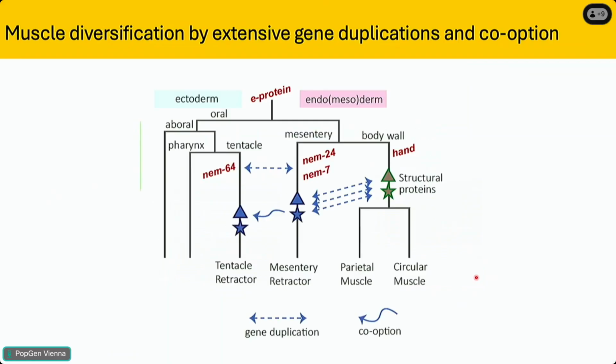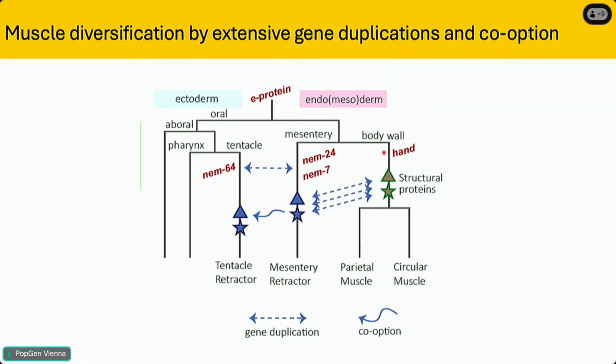So here's our scenario of what might have happened. First, this is ontogenetically, or a mixture of both. So E protein is shared with all lineages, ectodermal and endodermal. And then you had diversification of some transcription factors like this BHLH hand and NEM7 and 24, as well as NEM64.